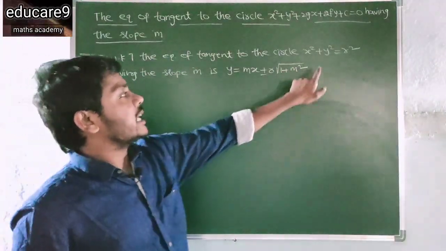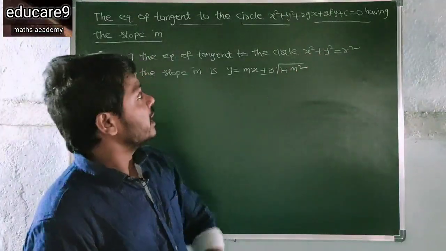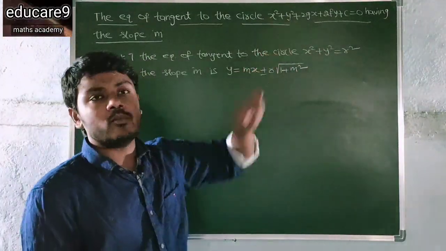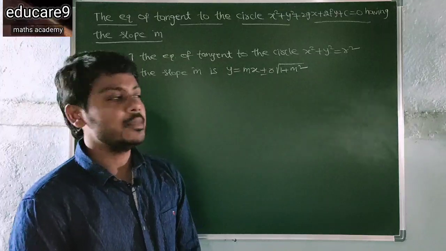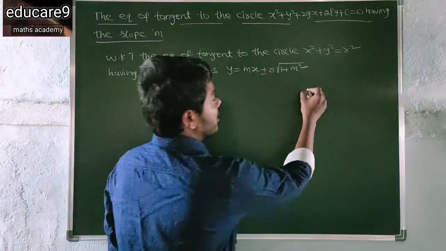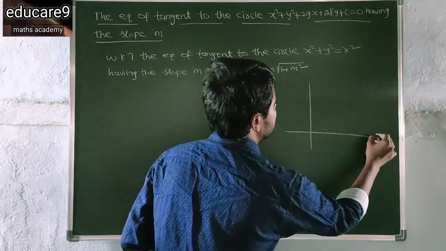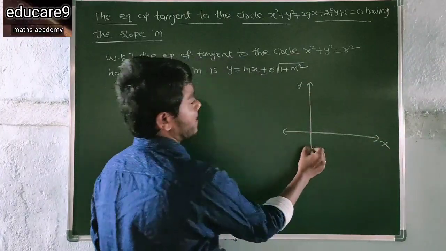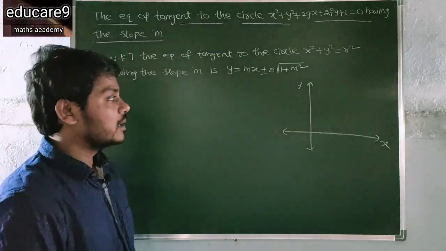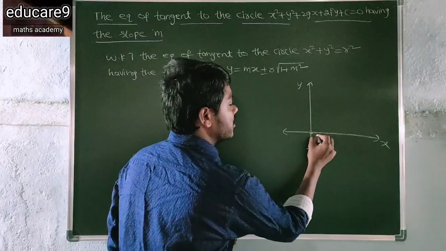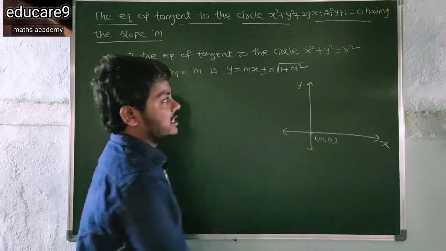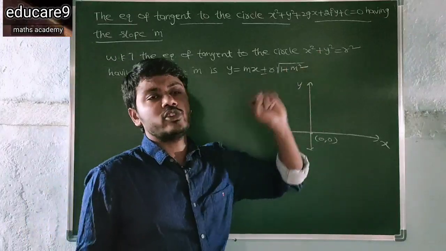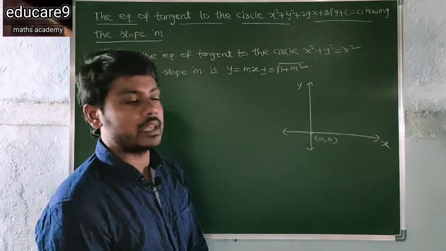Here the center of the circle is the origin, but here the center of the circle is what? Minus g comma minus f. So see here, consider the coordinate axis. This is x and y axis. And this is the origin, the center of the circle x square plus y square is equal to r square.